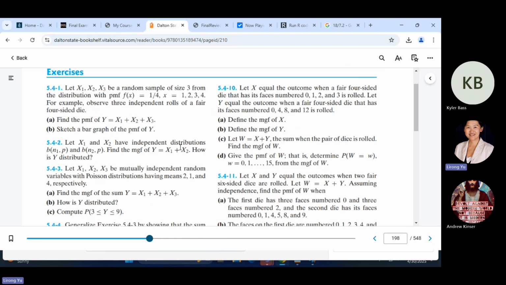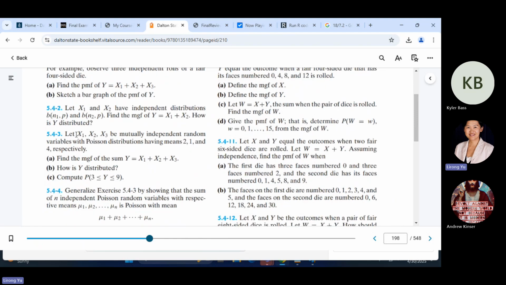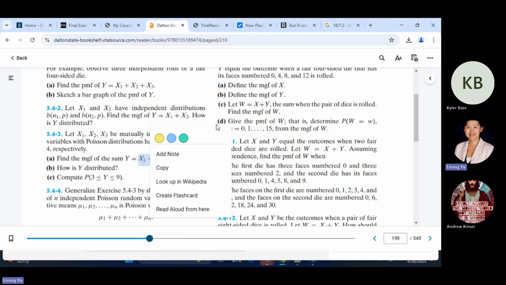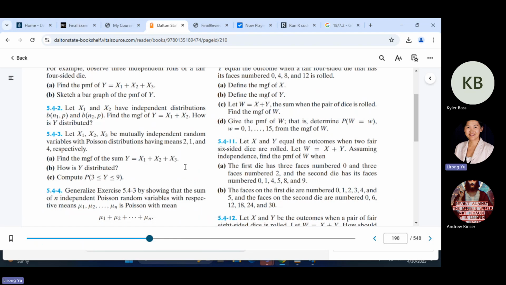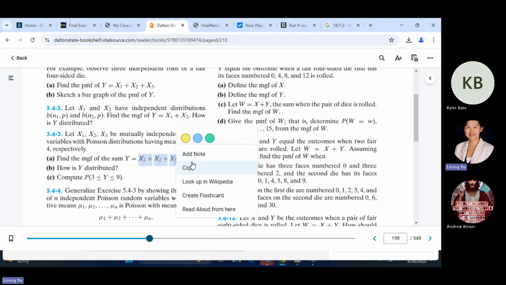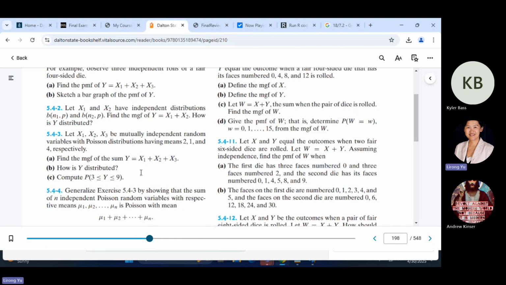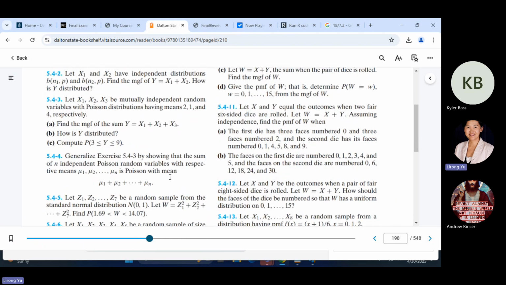That's one question in 5.4. This one is trying to find the distribution for x1 plus x2 plus x3. One thing we should remember is that if x1, x2, x3 are all from a Poisson distribution, then the summation will also be a Poisson distribution with a bigger mean.